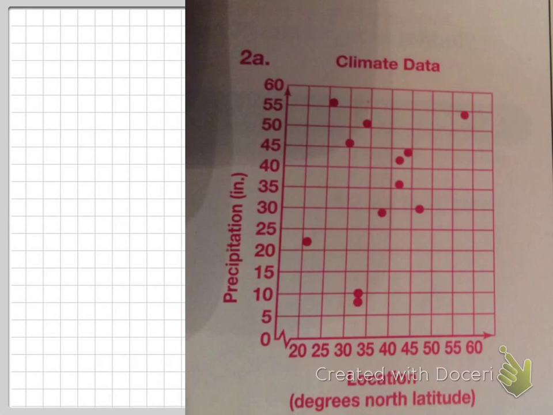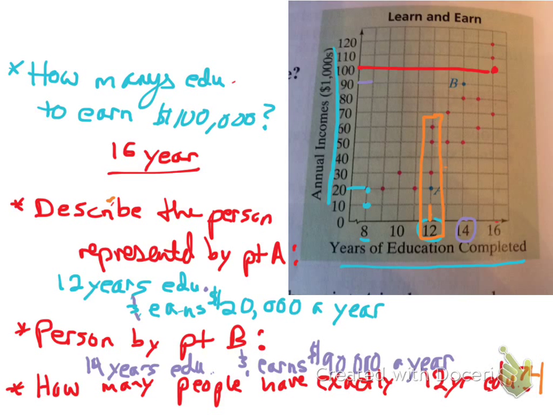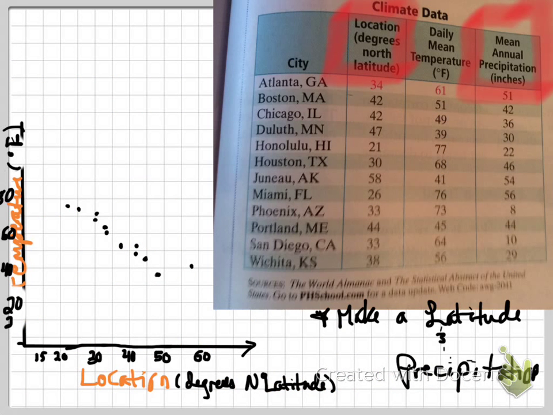All right, your graph should look something like this, showing precipitation on one axis in terms of inches, and then the location in terms of degrees north latitude. So the data on this plot, you can see really ranges compared with our last diagram here comparing temperature and location.